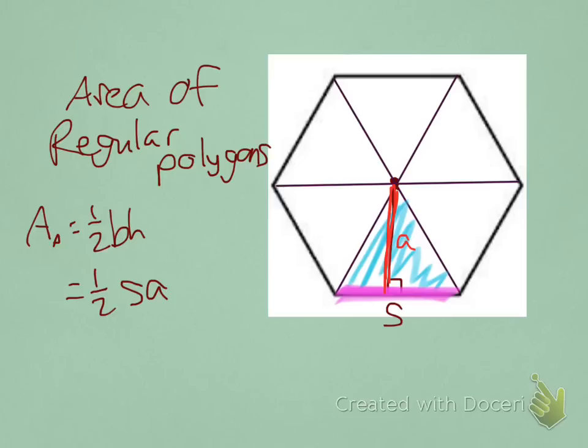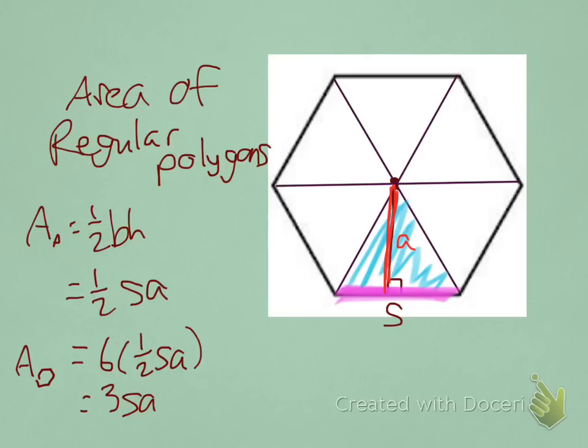Now, we have 6 of these. So if we want the area of the entire hexagon, the area of the whole hexagon, it would just be what? 6 times 1/2 SA, which you could multiply together and get 3 SA.